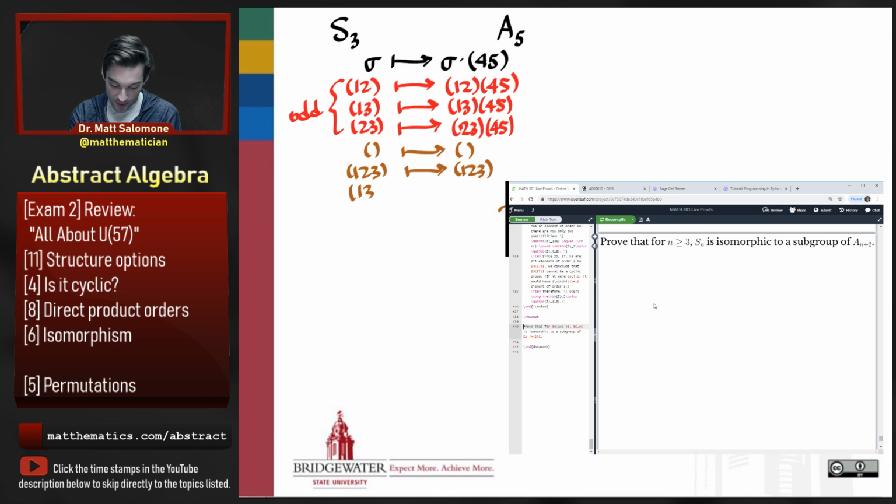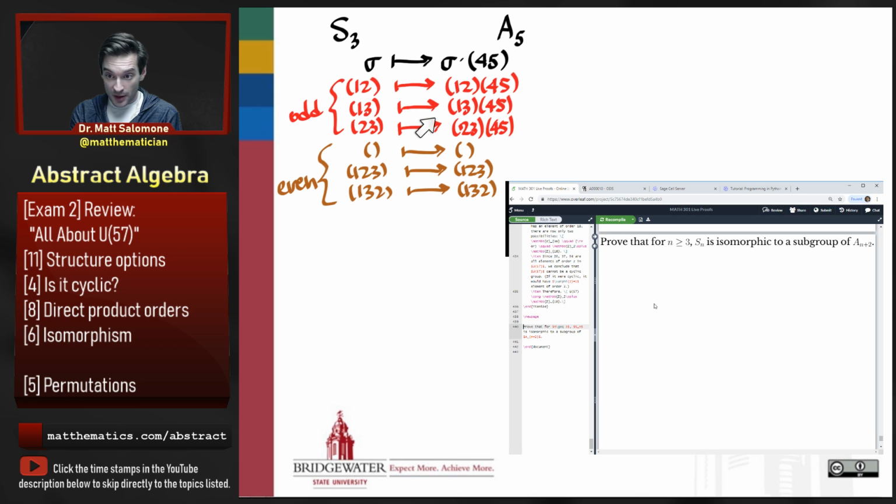And I'm going to take the 3-cycle (1 3 2) and send it to the 3-cycle (1 3 2). And so this correspondence, it's easy to see that it preserves the orders of elements: order 2, order 2, order 1, order 1, order 3, order 3.